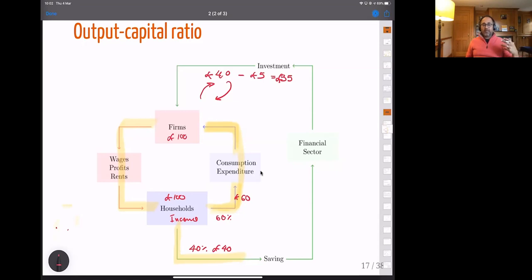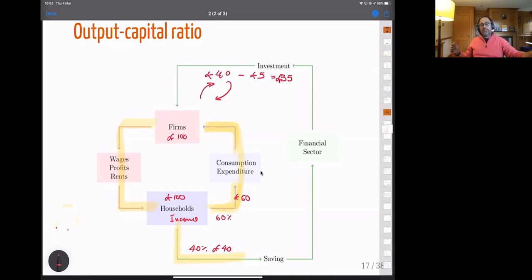So basically what's happening in this really simple economy, in this example, is the firms are producing 100 pounds of output in this period. Out of that, 40 pounds of output is capital goods, they're machinery. 60 pounds of output is things that are produced for consumption. So a certain proportion of the firms are selling 40 pounds of capital goods to other firms.